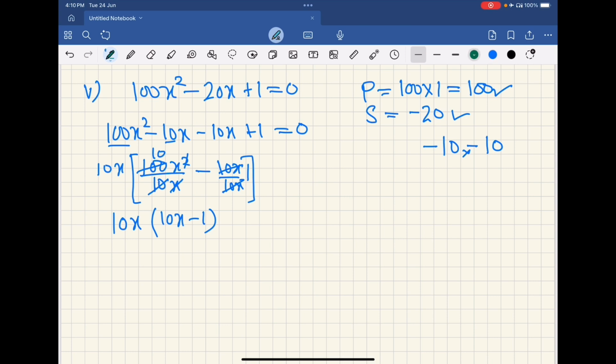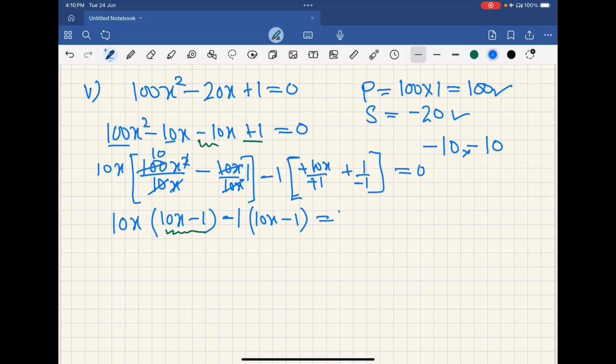Now here we have -10x plus 1, but I need 10x minus 1. So what will we do? We will take -1 common here. When we do that, I have -10x divided by -1, plus 1 divided by -1. So minus divided by minus is plus, which is 10x, plus divided by minus is minus. And now if I take 10x minus 1 common, we have another 10x minus 1, which is equal to 0.